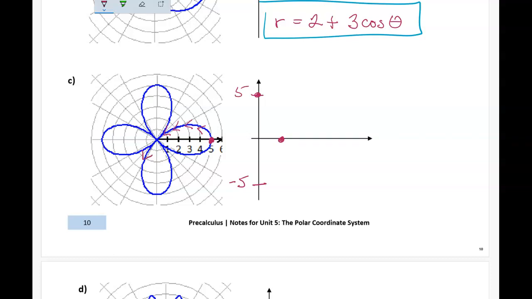And then the radius becomes -5 when we hit an angle of 90. And then the radius goes back to 0. And then the radius becomes +5 when we reach 180.